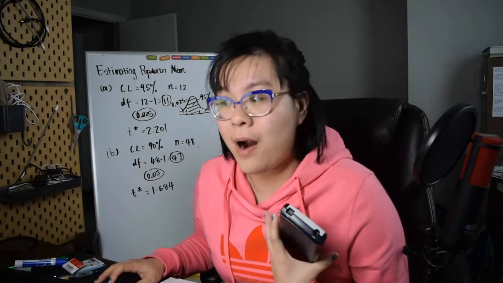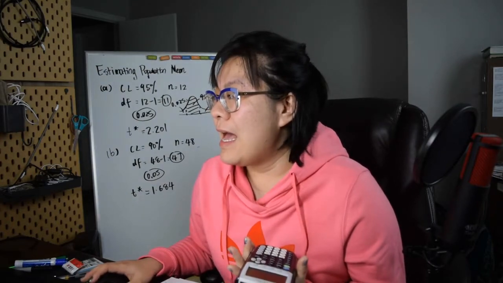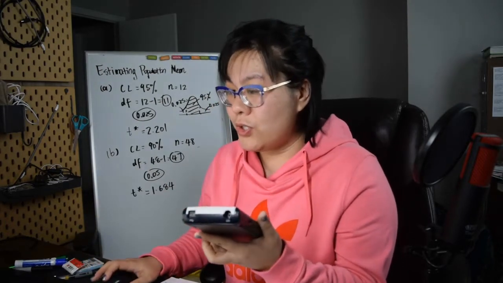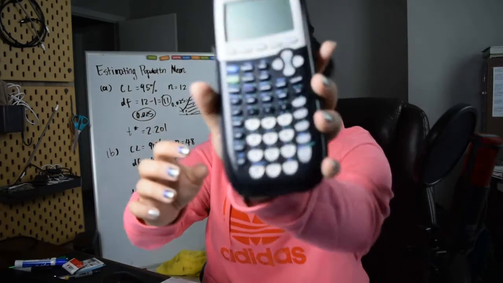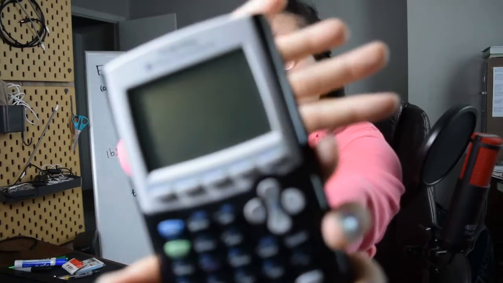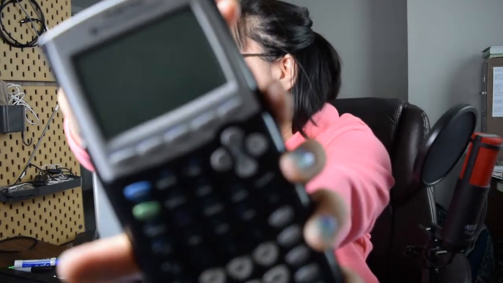If you are on the PowerPoint, we're on page 7. For the calculator, they said you press 2nd, VARS, and go to distribution. Let me see if this works. I saw a lot of people do this. You know what? It doesn't work.